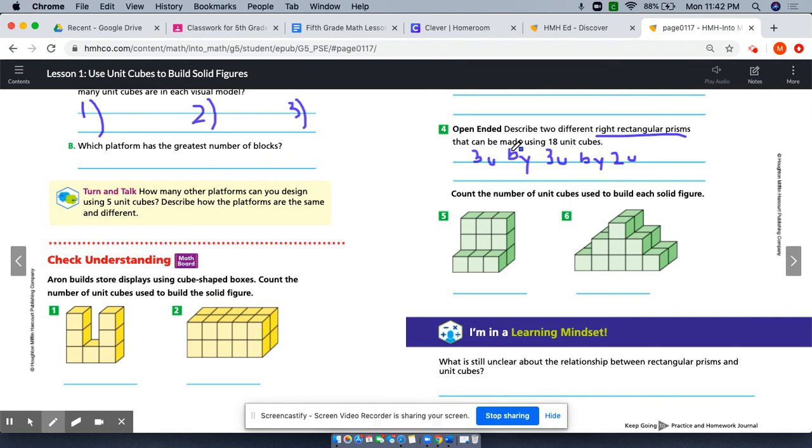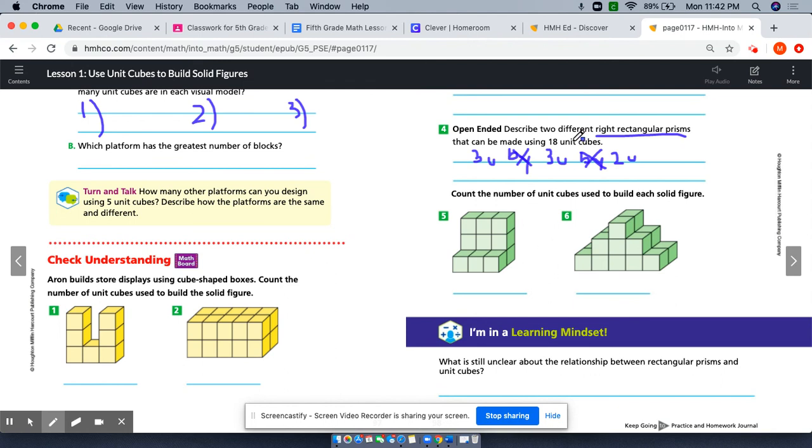And remember, by is another way to say multiply. So 3 times 3 is 9. 9 times 2 is 18. What are other ways that you can get 18 by multiplying 3 different dimensions? Remember, to get volume, you need 3 different dimensions.